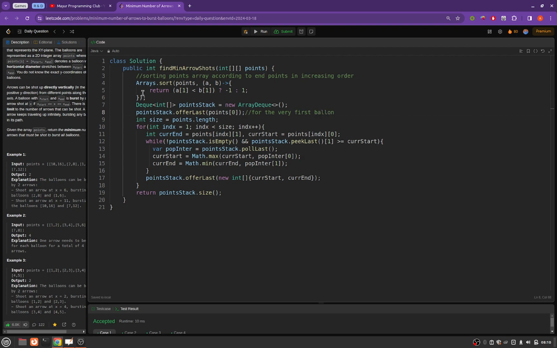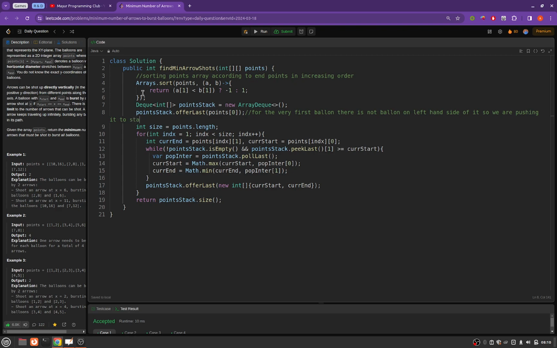There is no balloon on the left hand side of it, so we are pushing it to the stack, or its coordinate to be specific, x coordinates.